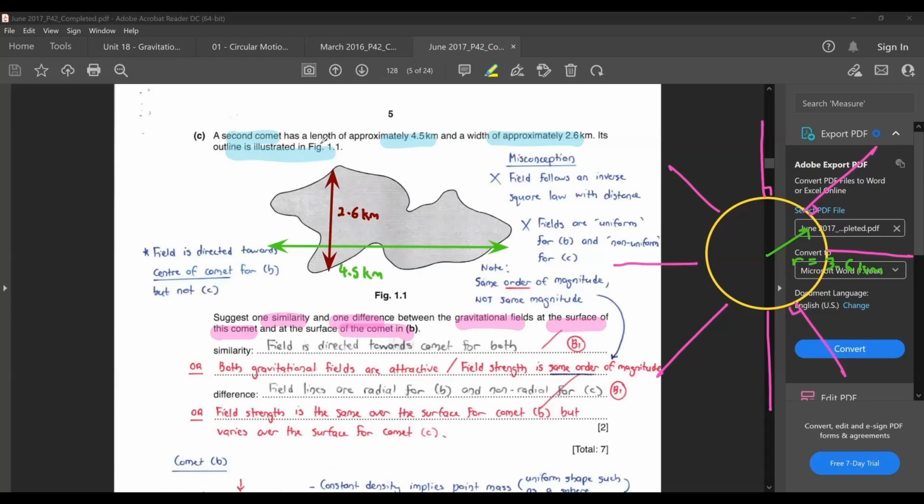Now, for the case of the irregularly shaped comet, the non-uniform shaped comet, you can also try to draw the field lines, but then you see your field lines will look really, really weird. So you first try to draw your field lines at 90 degrees to your contacting surface. If you try to draw them at 90 degrees to your contacting surface, they will probably look like this.